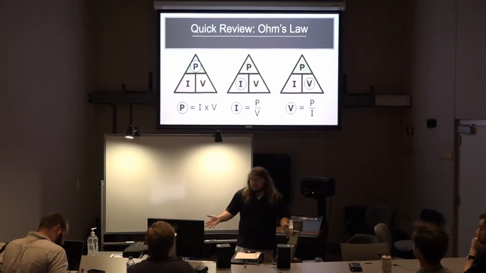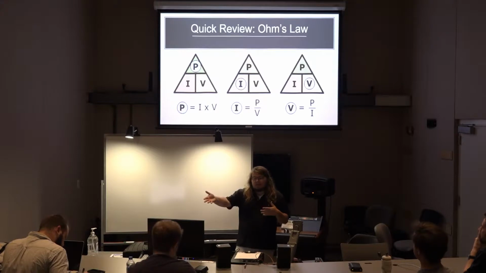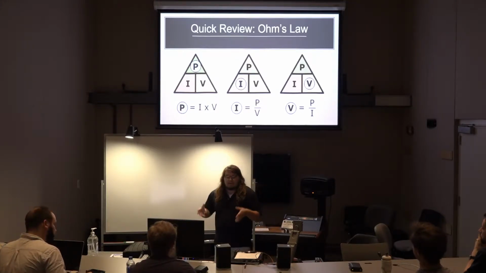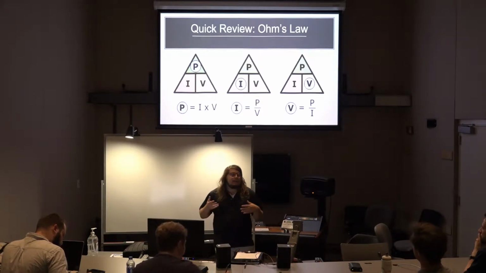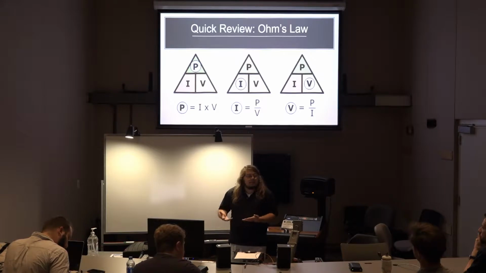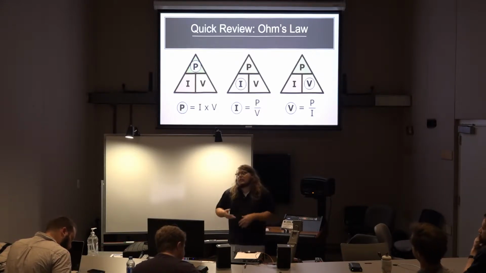The cool thing about this, sometimes people refer to this chart as Watt's law, but the combination of the two of these charts can give us pretty much any information that we need to know about a circuit or a part of a circuit based on any of these variables.